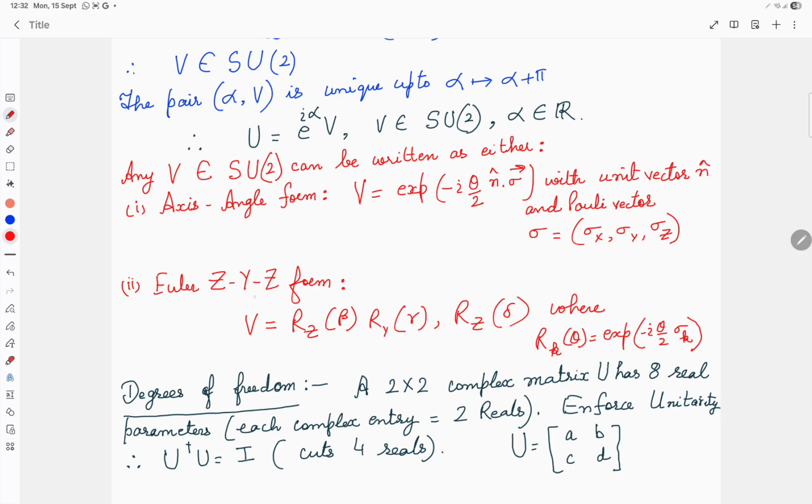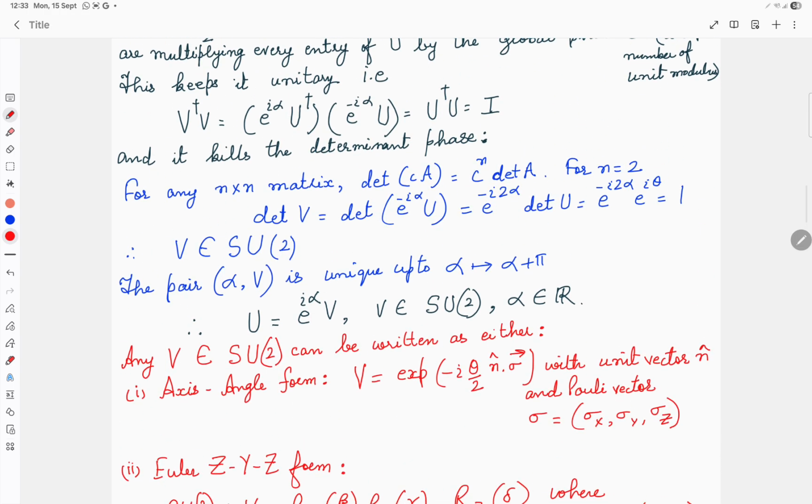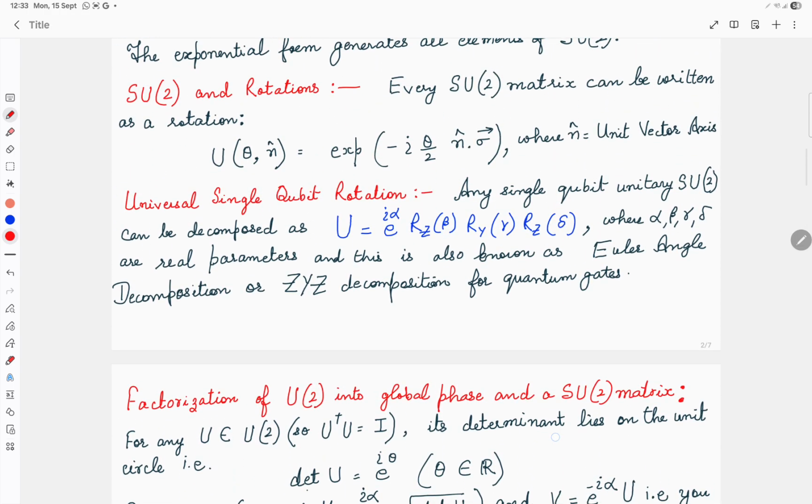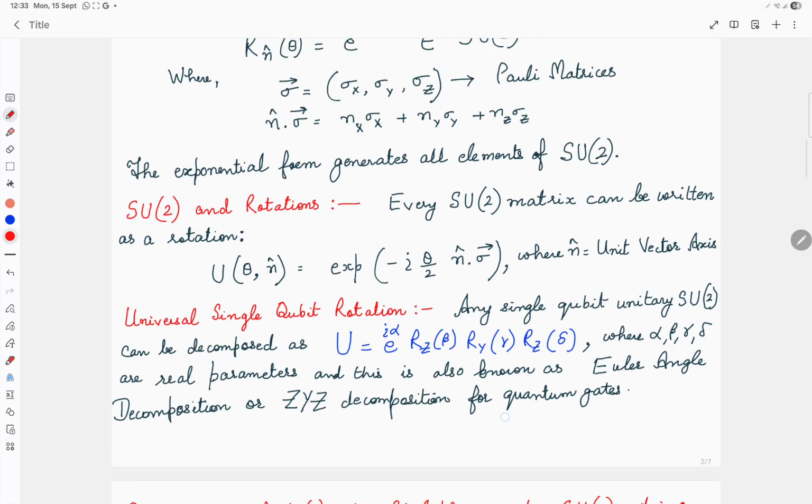The other is the Euler form, the Euler ZYZ form, where V is the SU(2) matrix, right? And it is without global phase. It is given by Rz(β), Ry(γ) and Rz(δ). So this is the decomposition basically. Let me just explain the definition here.